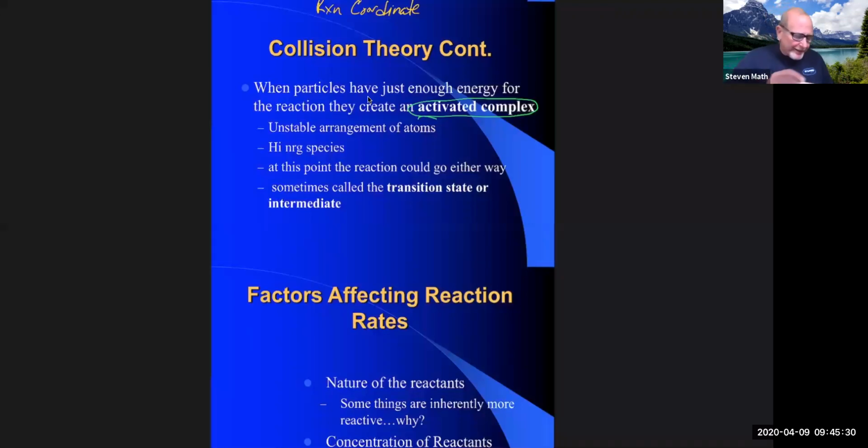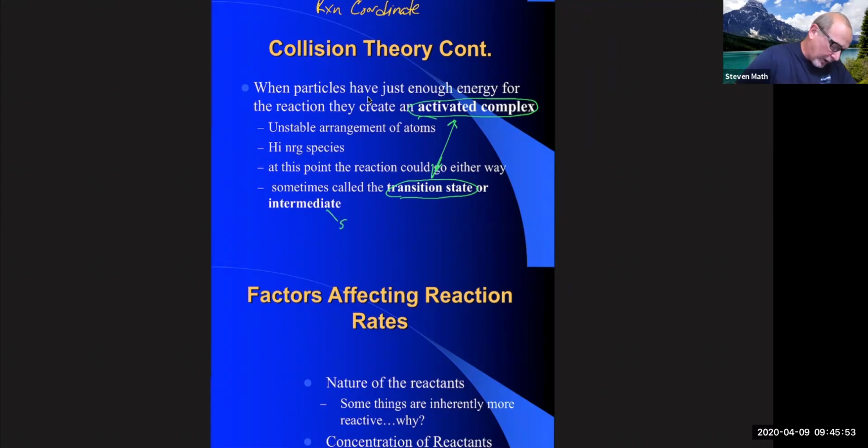And at that point, at the peak of that graph, they could go backwards and form back to the reactants, or they could go forwards and form the products. Now, at some point, these are called transition state. So activated complexes and transition states are the same.